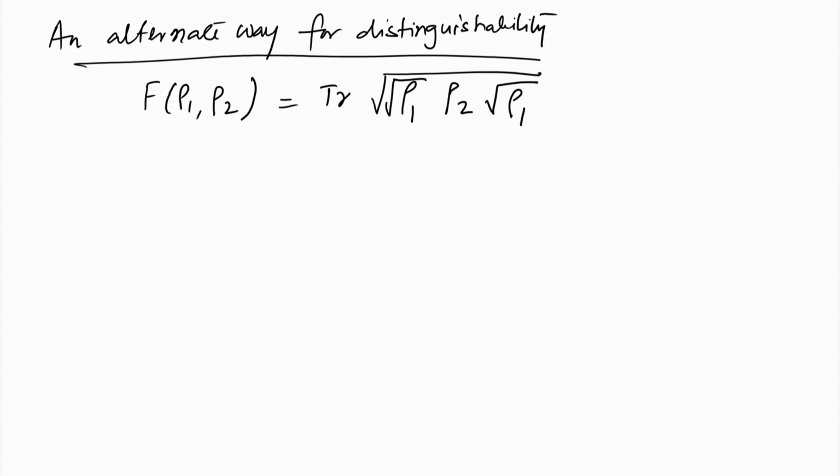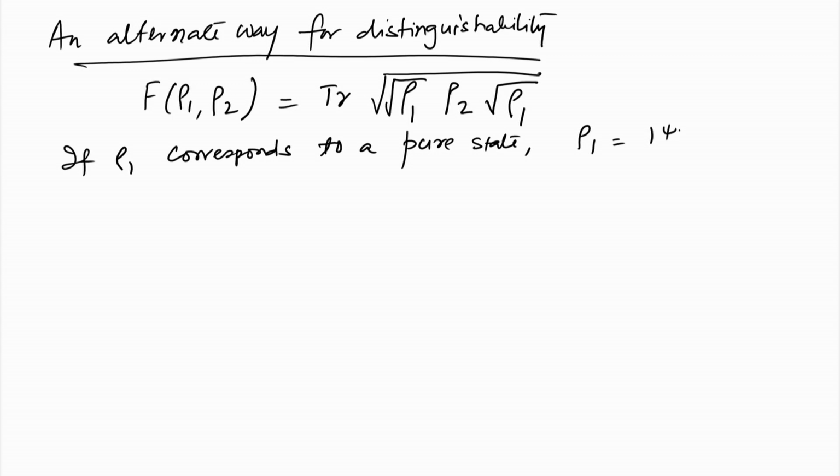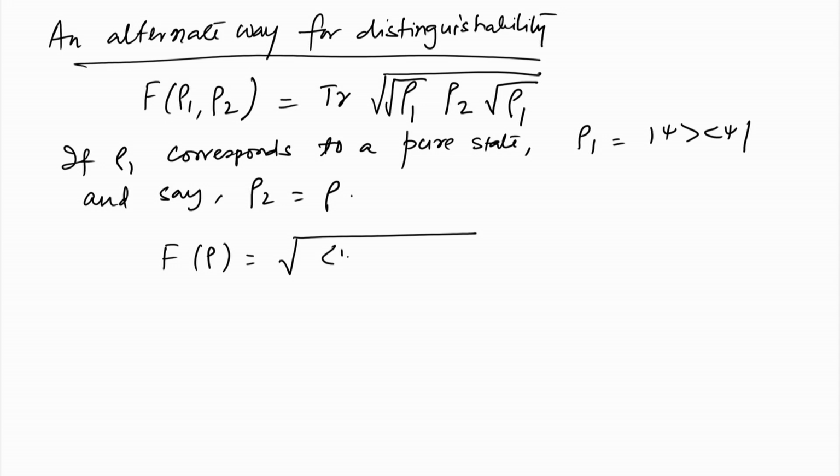If rho 1 corresponds to a pure state, rho 1 equal to psi psi, and rho 2 equal to rho, then F is defined as the square root of psi rho psi.